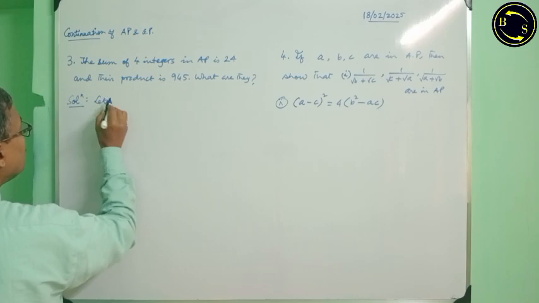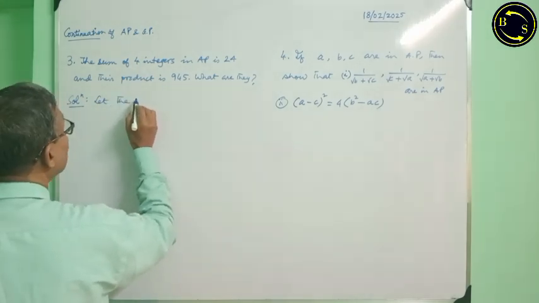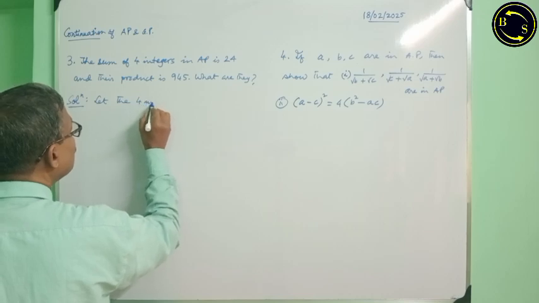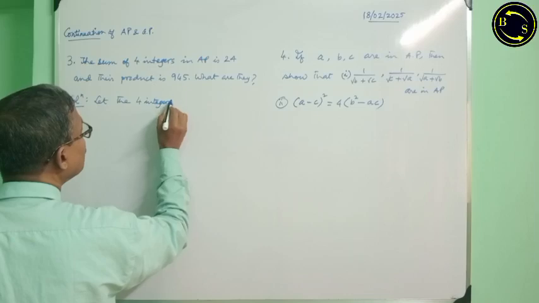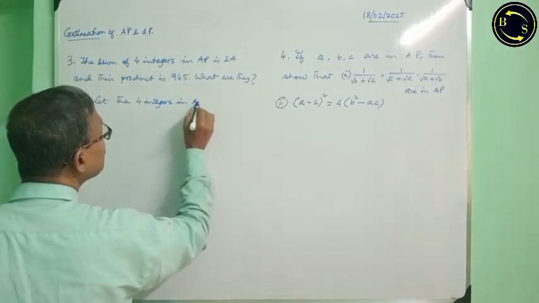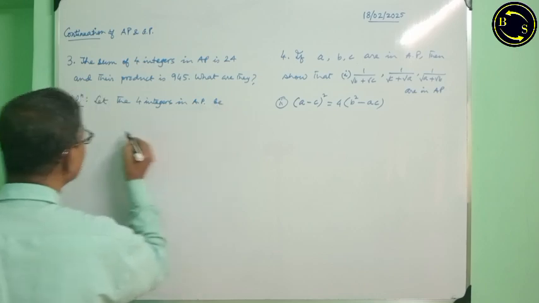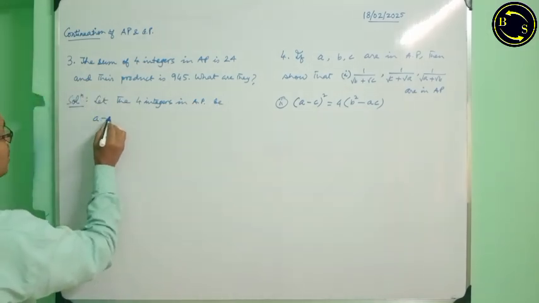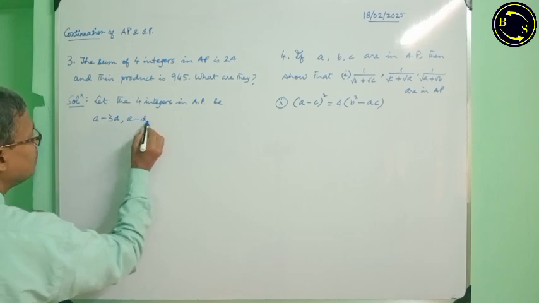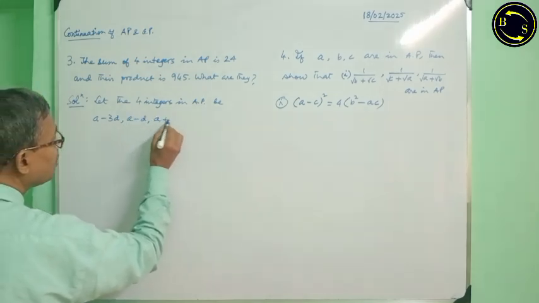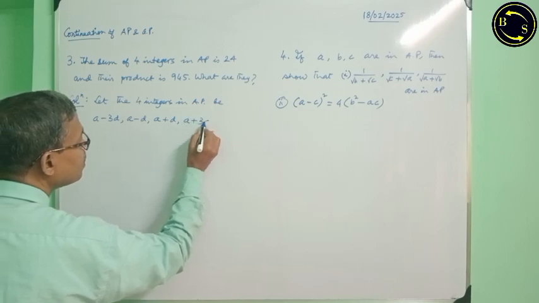Let the 4 integers in AP be A minus 3D, A minus D, A plus D, A plus 3D.